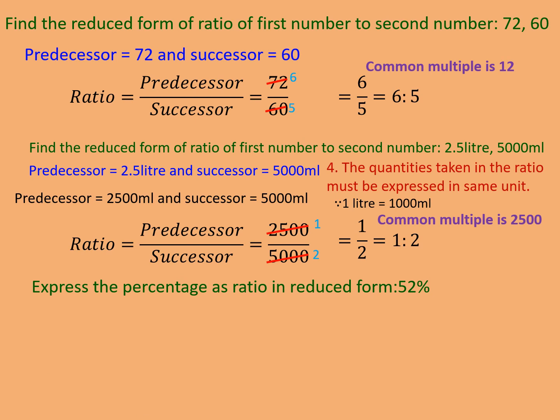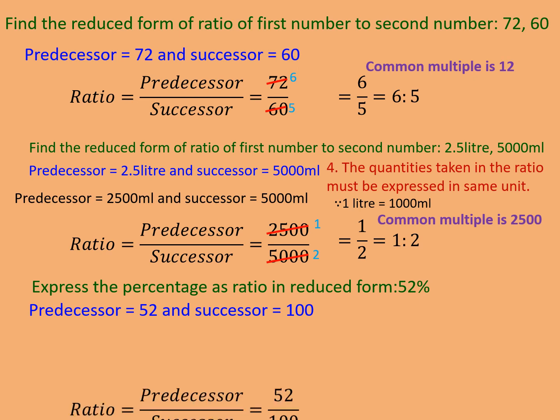One more, express the percentage as a ratio in the reduced form, 52%. So the predecessor is 52 and successor is 100. Why? Guess. Because percentage means out of 100. So denominator is your 100.